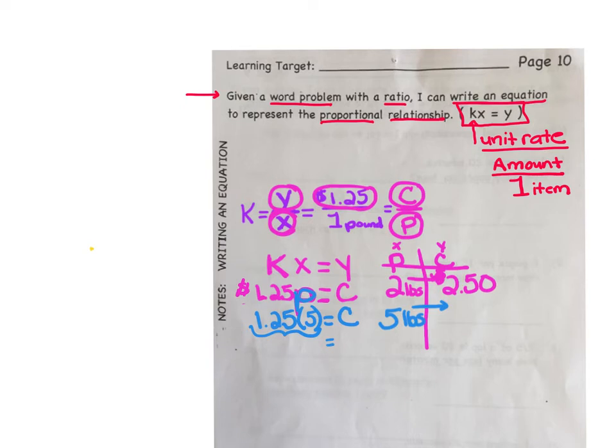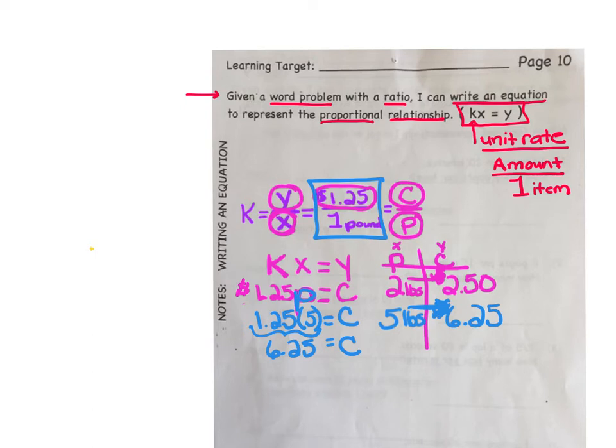Take a moment and punch that into your calculator. You should have gotten $6.25 equals C, the total cost. So 5 pounds of candy, using our equation, it costs $6 and 25 cents. We were lucky because we were given the unit rate.